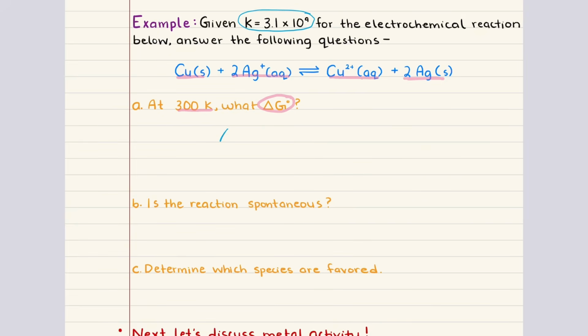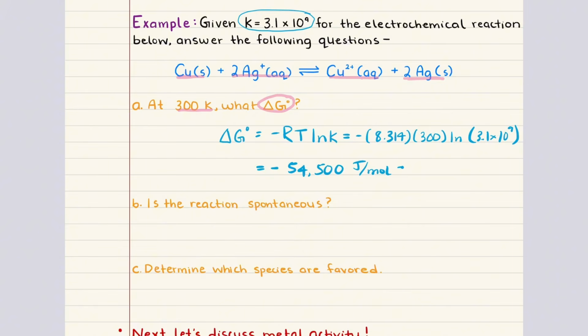So here we're going to use the relationship delta G naught equals negative RT times the natural log of K. Here R is 8.314 joules per mole per Kelvin, T is 300 Kelvin, and K is 3.1 times 10 to the 9th. When we plug everything in and calculate, we get that delta G naught is negative 54,500 joules per mole, or negative 54.5 kilojoules per mole. So that answers part A.